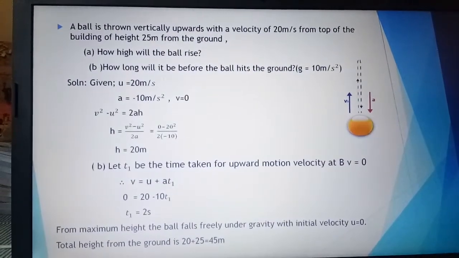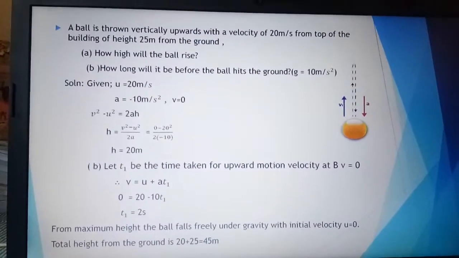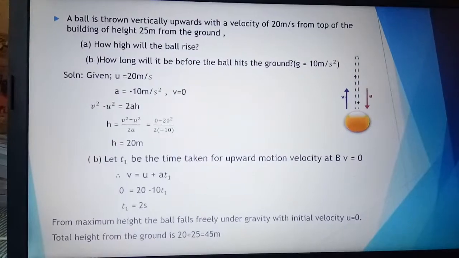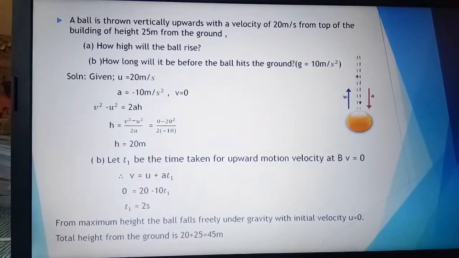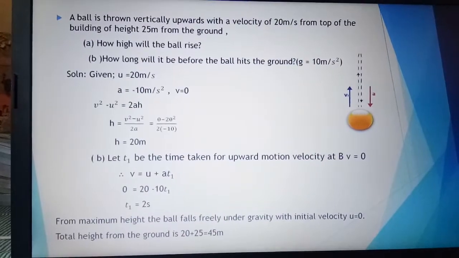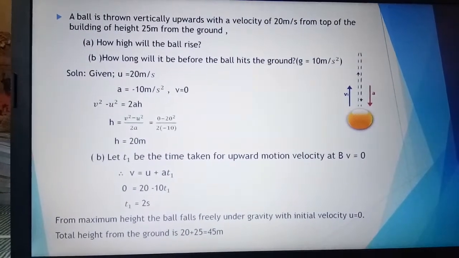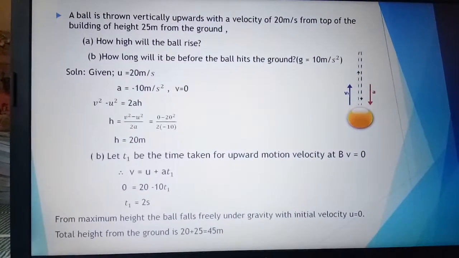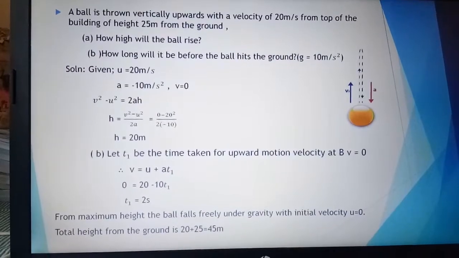The initial velocity of the ball is u equal to 20 meters per second. And here the acceleration while the ball is moving up is the acceleration due to gravity. Here it is undergoing retardation, therefore it becomes minus 10 meters per second square.